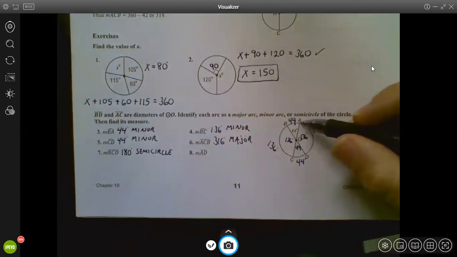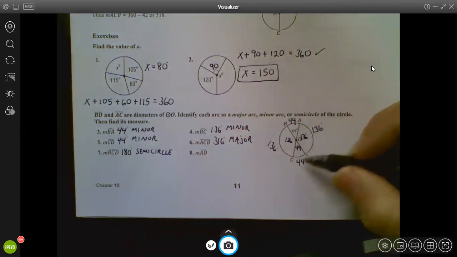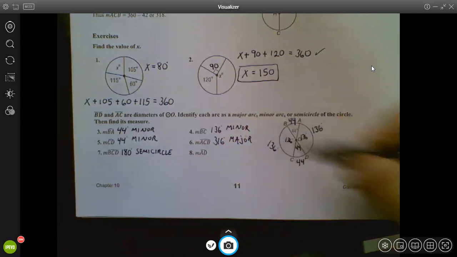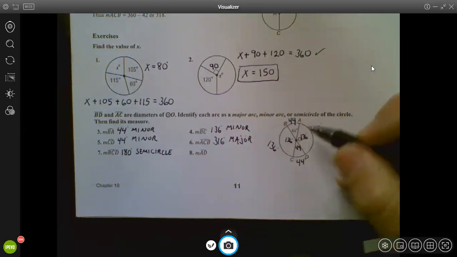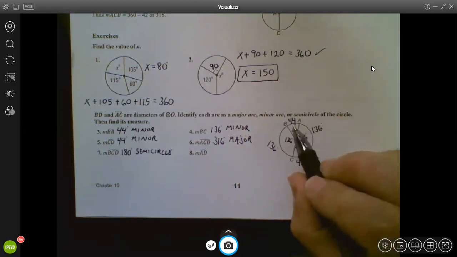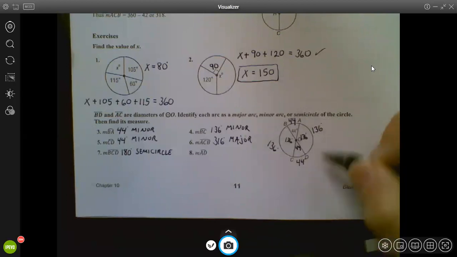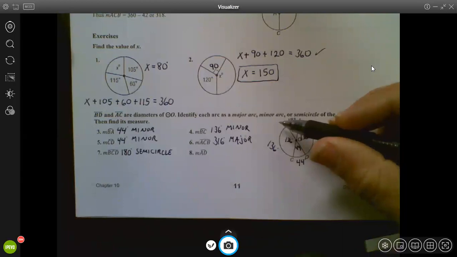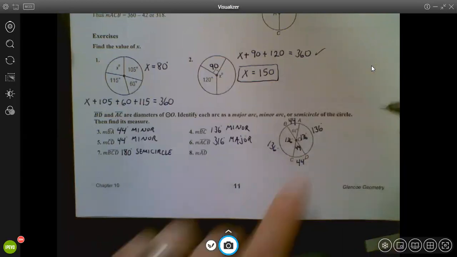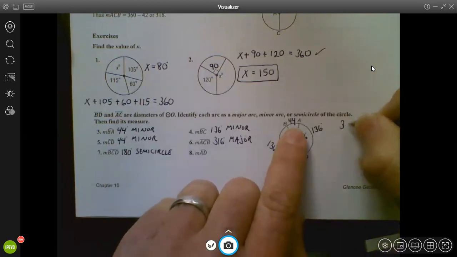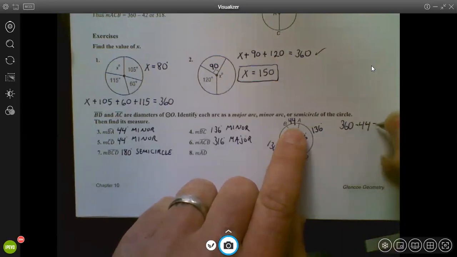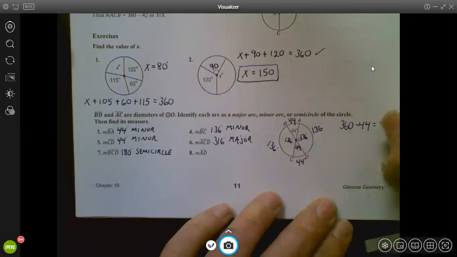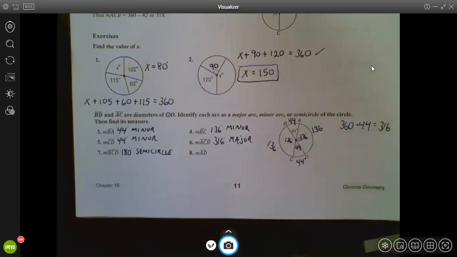Instead of adding up all those numbers, couldn't we just say 360 minus 44? We know this total is 360. So instead of adding up all the stuff that you do want, it's not a bad idea to just do 360 minus the one value that I don't want. And that would also give me my 316. So you could go that route, and that would work too, whichever way you see better.